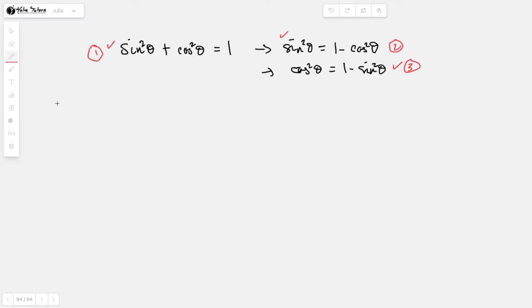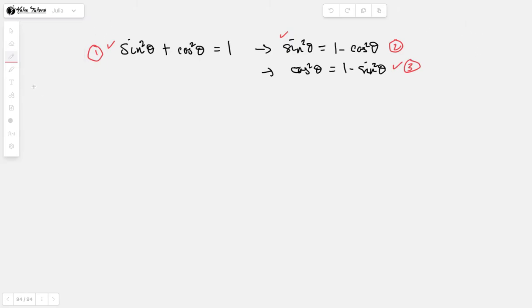But let me ask you, how do you remember the other ones? Sorry, say that again? Okay, here's a real quick way to get to them. First of all, what is secant squared?